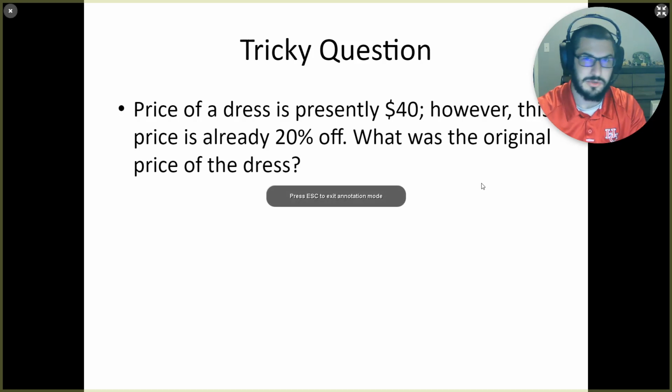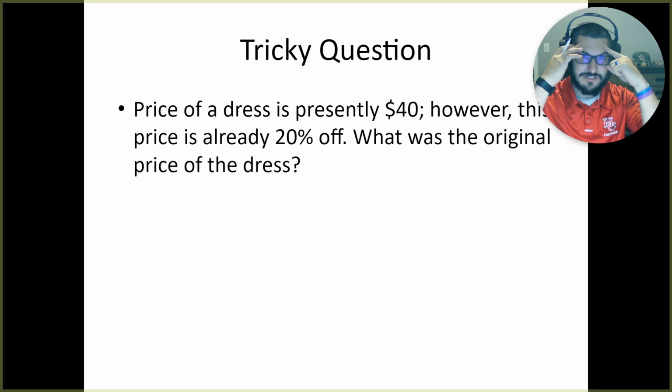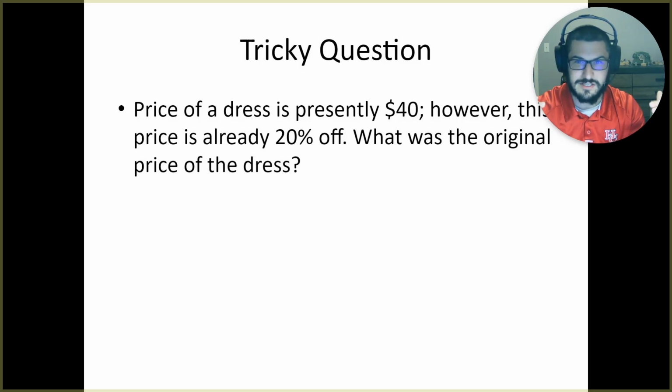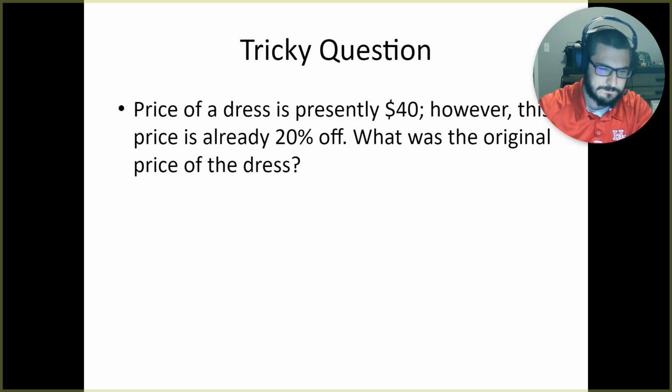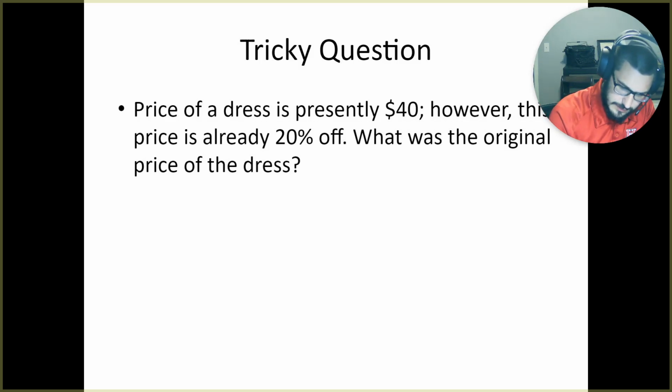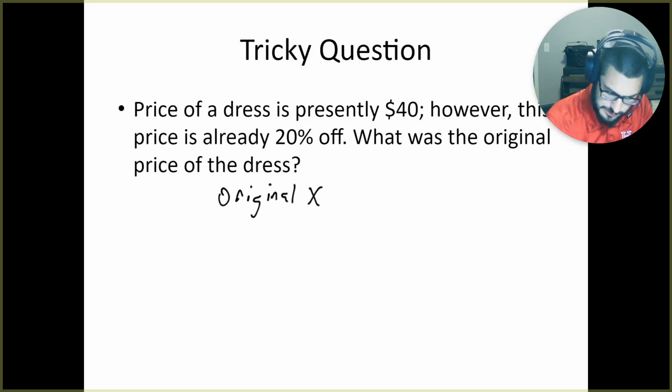One thing that's going to help you a ton is as soon as you can think of something, put that down on the paper. So we've got original. As soon as I know that this is what I'm doing, I'm putting that on the paper. So original times percent equals final.